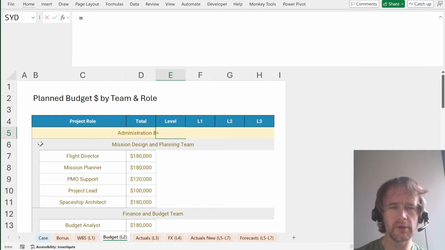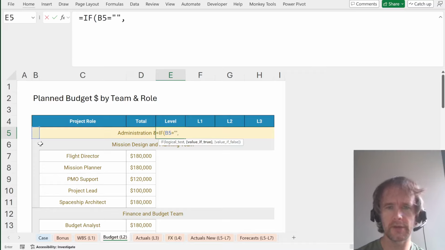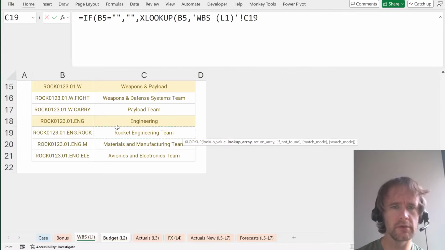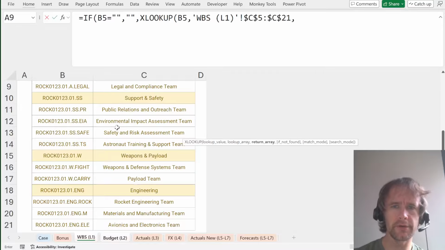So we're going to say if this equals blank, then blank, I suppose. Otherwise, X look up this in here, lock returning from here, lock.